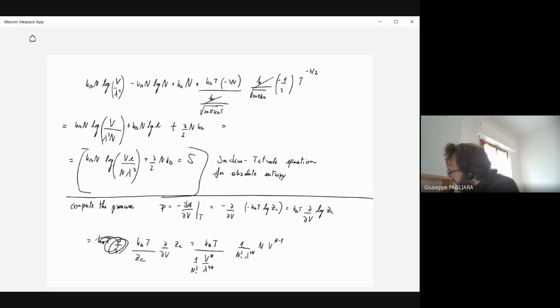So I can remove something. So this drops, and I have correctly kBTN, V to the power of N is removed, so I have pV equal to kBTN.